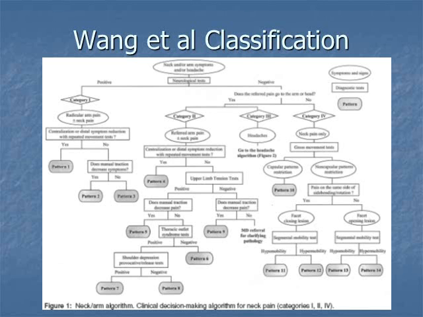Here is the treatment algorithm. You can see on this page there are a total of 14 patterns, and this actually doesn't include all of the patterns. In general, they looked at 4 main classifications. That was neck pain only, headaches, referred arm and neck pain, and radicular arm and neck pain.